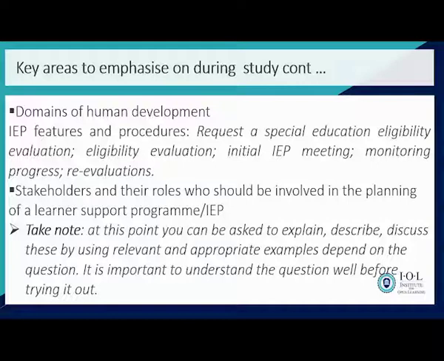And then we have IEP, features and procedures. IEP is Individualized Educational Program. We have learners who are in need of assistance. For such learners, you can develop a program for an individual child.